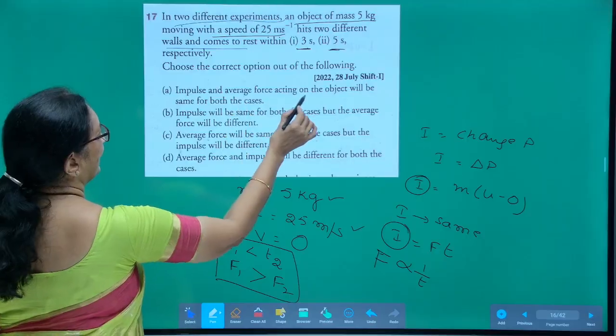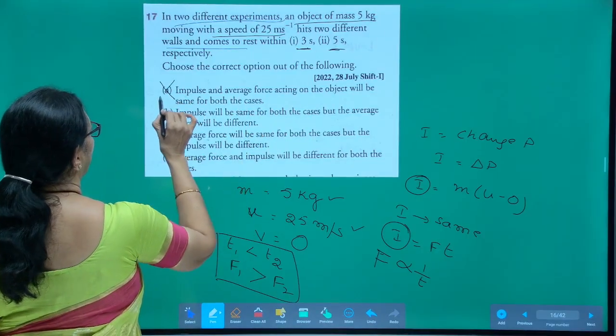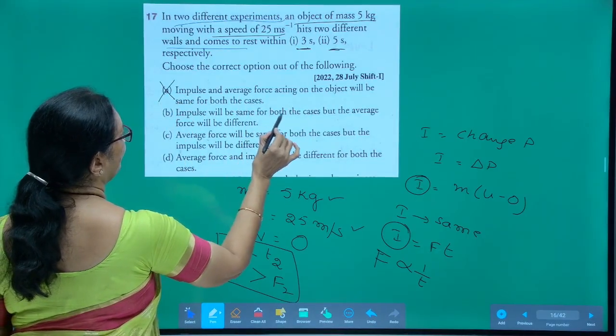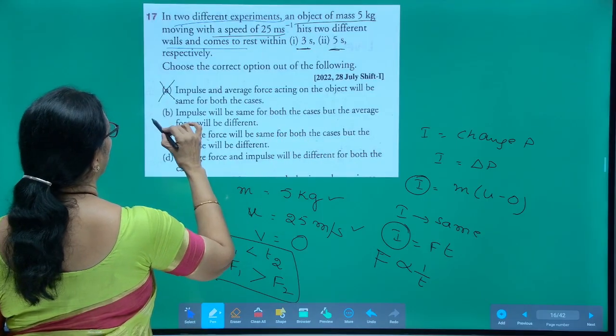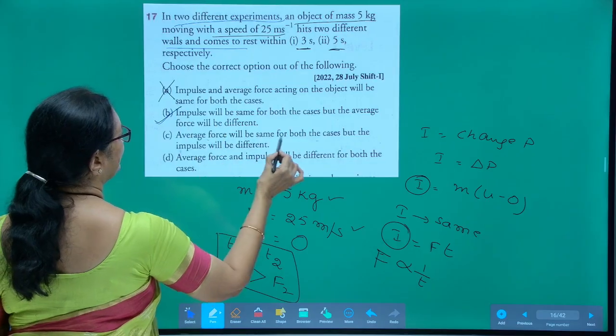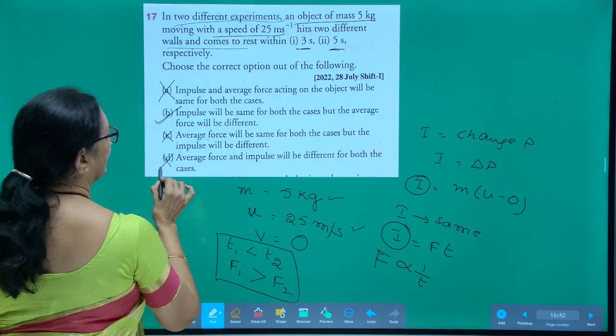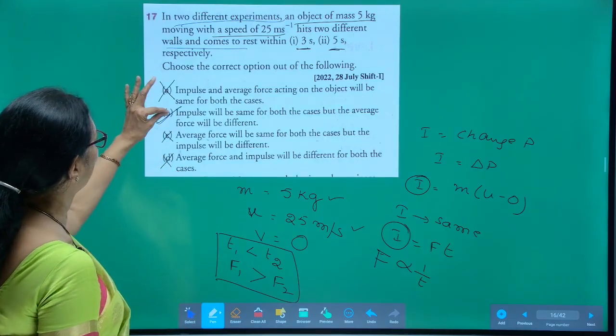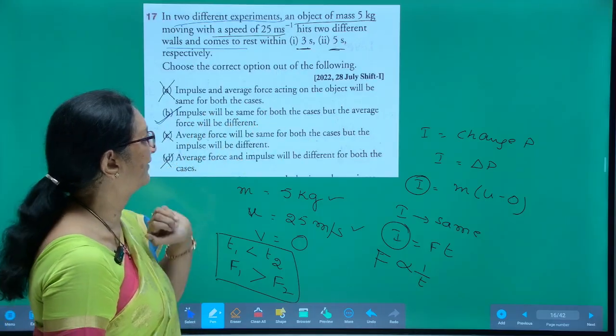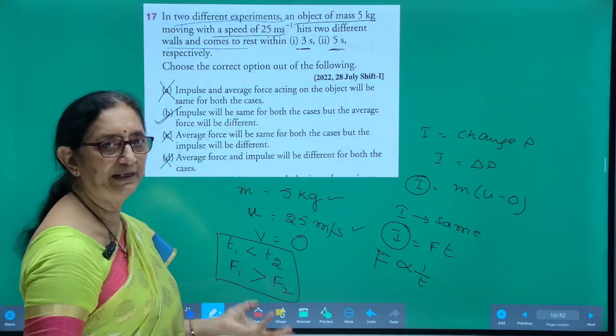The option saying impulse and average force will be same is wrong. Average force is same, impulse is different, or both are different, are also wrong. So the correct option is impulse is same for both, but average force will be different.